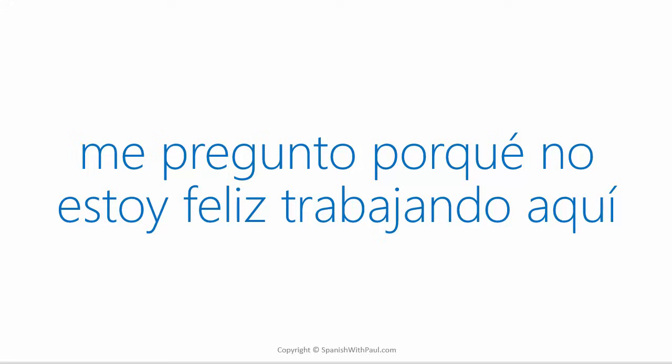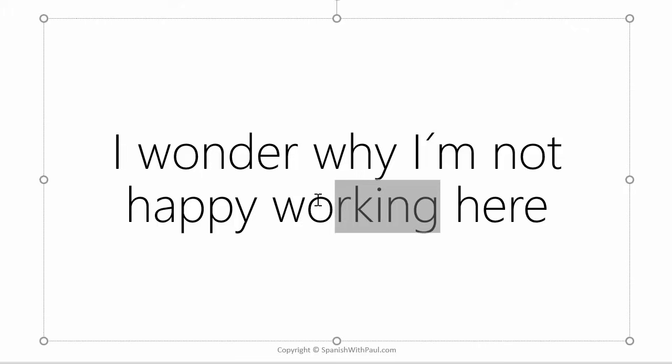Me pregunto por qué no estoy feliz trabajando aquí. This shows you that you can use estoy trabajando, I am working, or estoy haciendo, I am doing, or you can simply have the ing word on its own in sentences as well. Here we have trabajando simply as working.